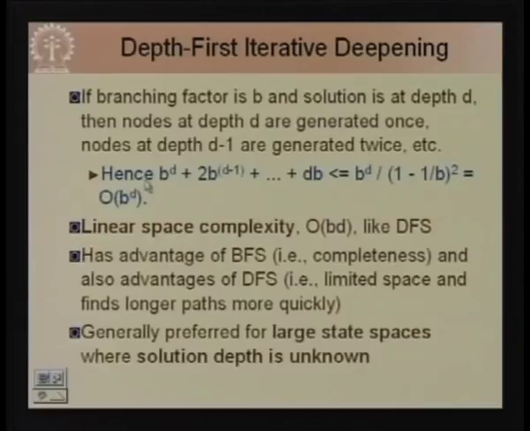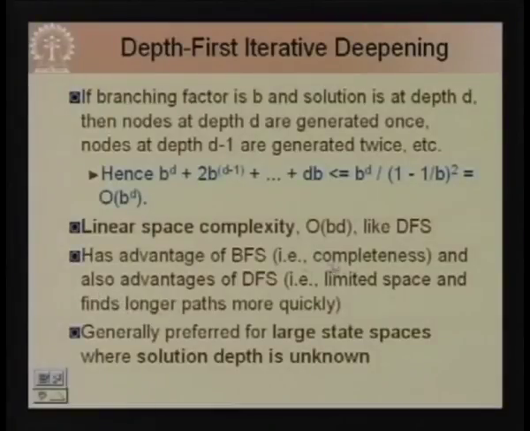And therefore, this is the total number of nodes expanded by depth first iterative deepening, which is actually of the order of B to the power D. However, depth first iterative deepening search has linear space complexity unlike BFS, and it is complete, and it is usually the preferred algorithm for large state spaces.